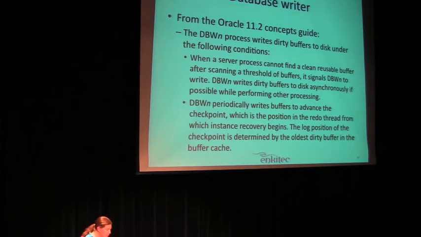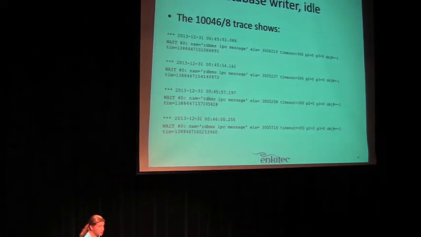Then the database writer. The essential function of the database writer is to write blocks in the buffer cache which have been dirtied. It will do that in a number of circumstances, most notably when a process can't find a suitable buffer to put its contents in, and if a checkpoint is happening. And guess what?